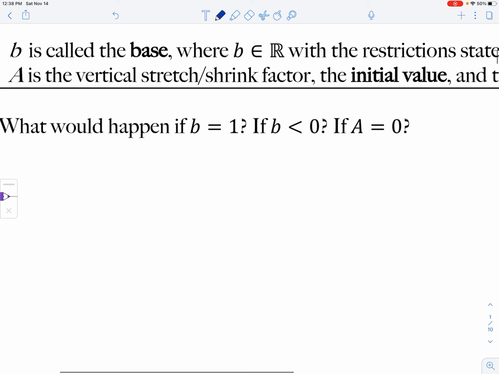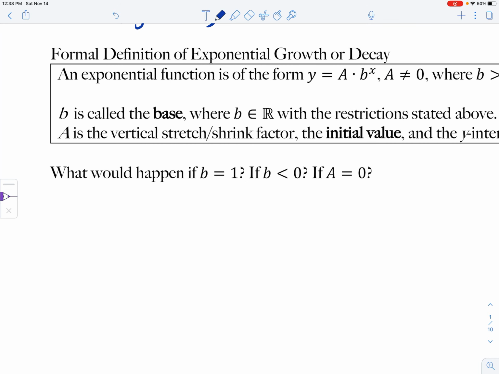If we looked at any of the constraints or restrictions stated above on what a and b are, let's see what would happen if any of those were violated. So what would happen if b was equal to 1? Well, if the base is equal to 1, you would have y equals 1 to the x power.